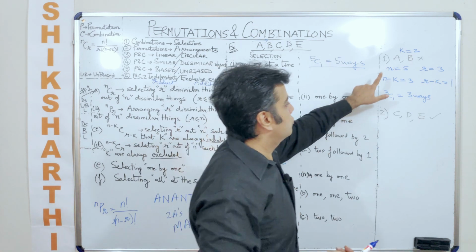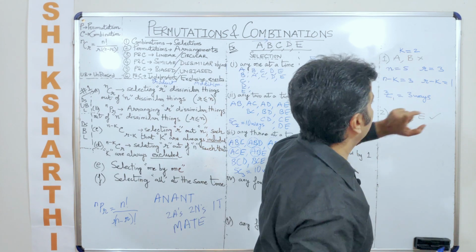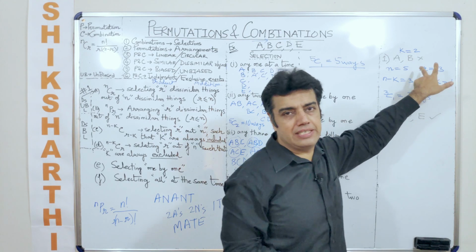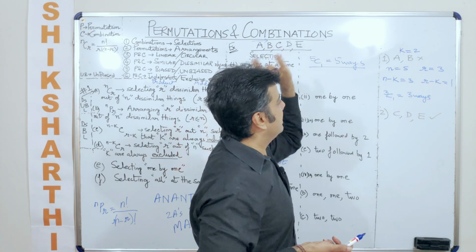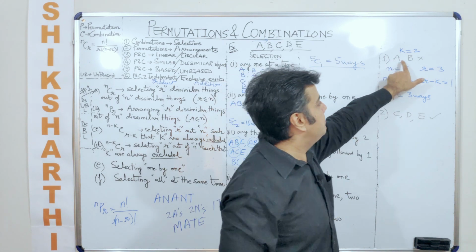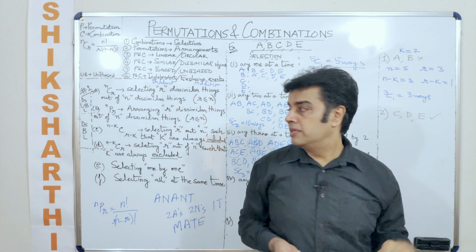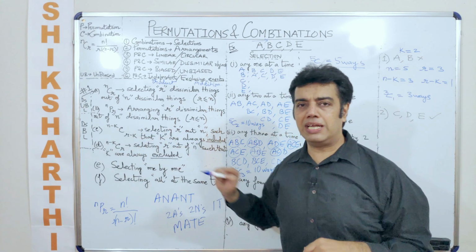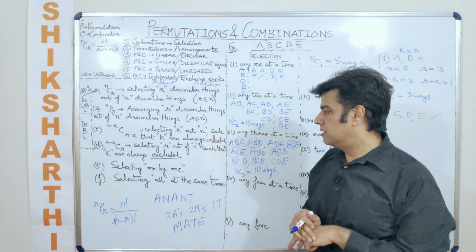Right? So the point that I'm trying to make here is, I am supposed to select any 3, and the total number of letters given here is 5, such that A and B should never be selected. Now when I say A and B should never be selected, why am I using the formula n minus k, r minus k?